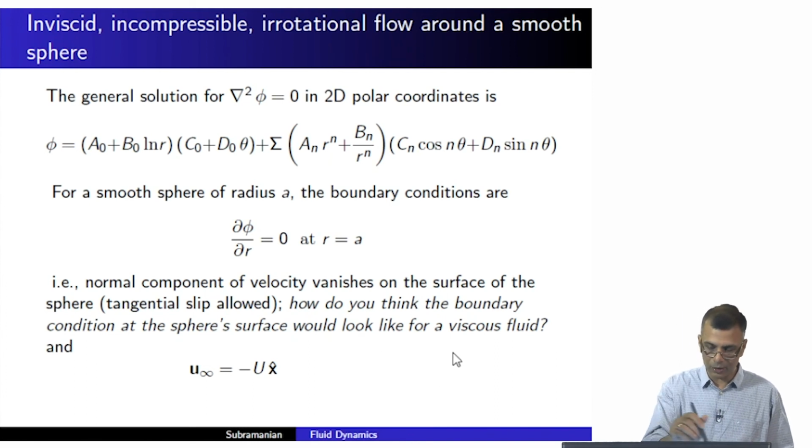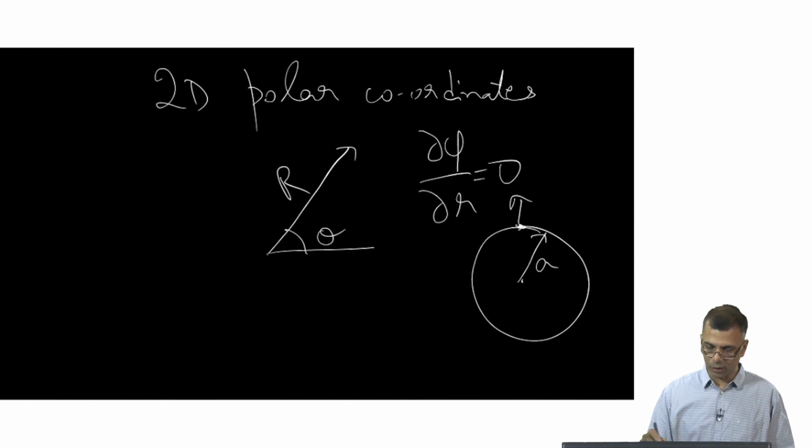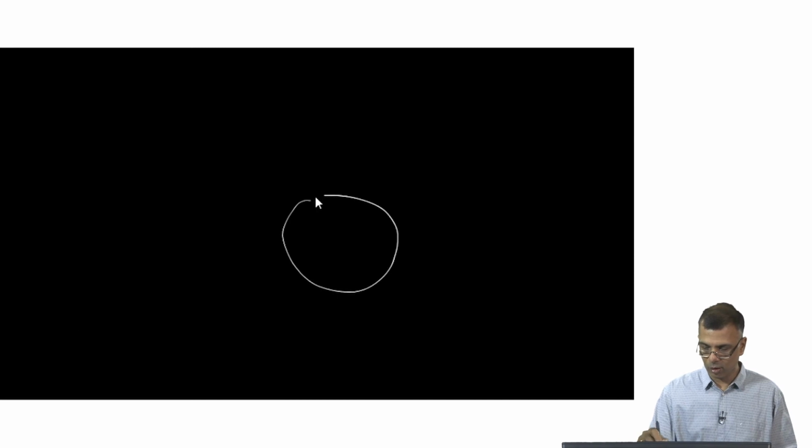What this condition means is that at very large distances from the sphere, say like so, you have a sphere, and this is x and this is y.